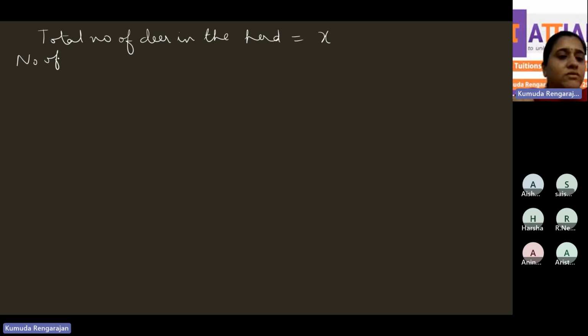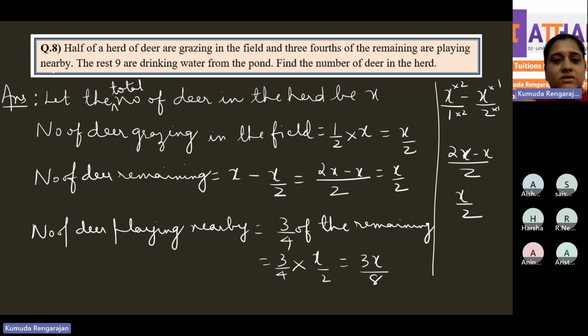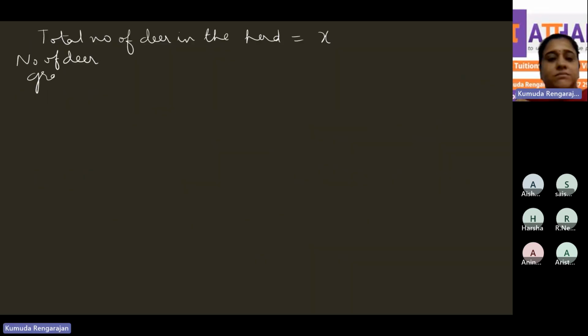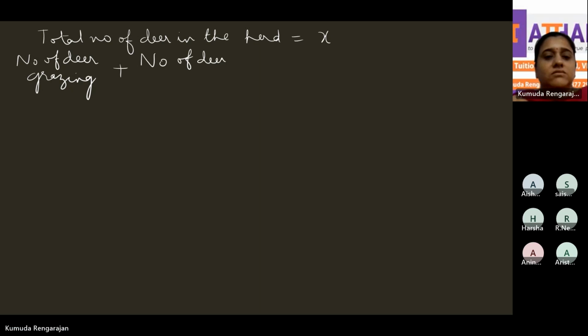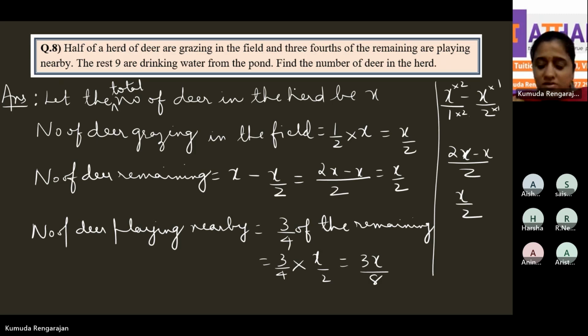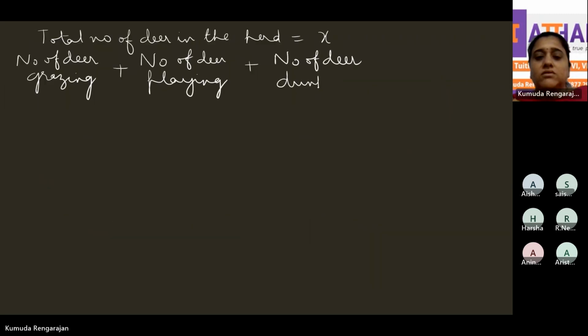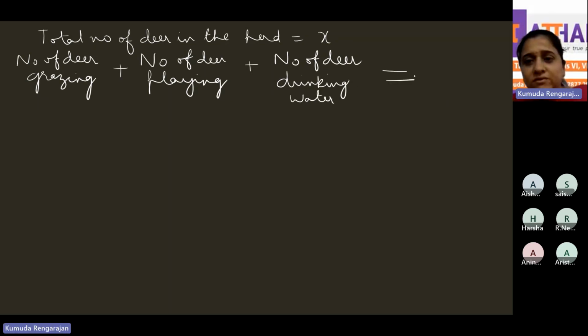Number of deer grazing, plus playing, plus drinking water. All this put together is equal to the total number, which is X.